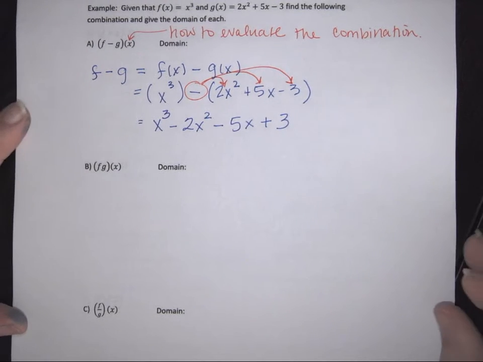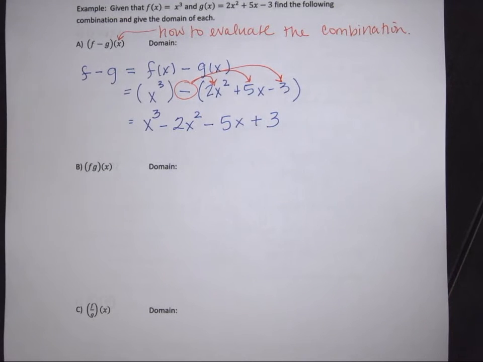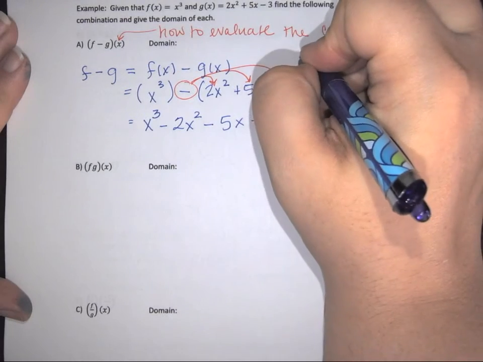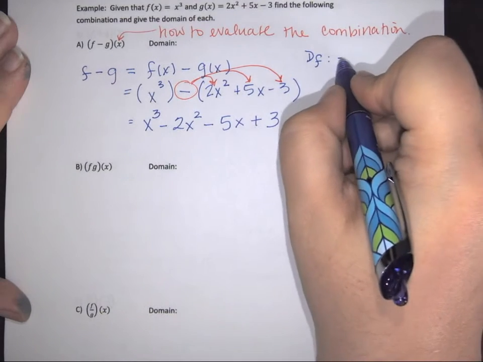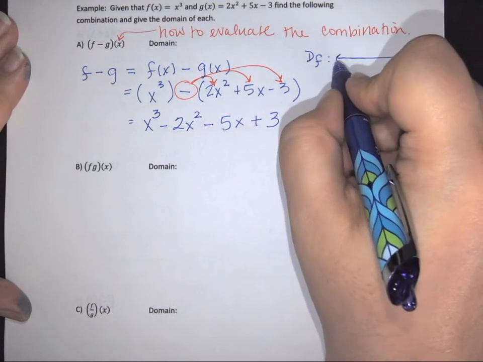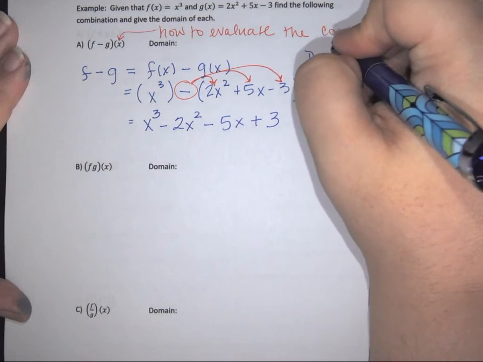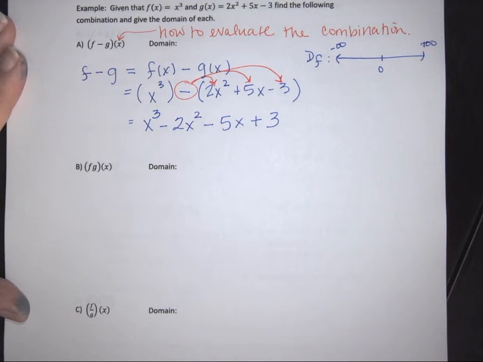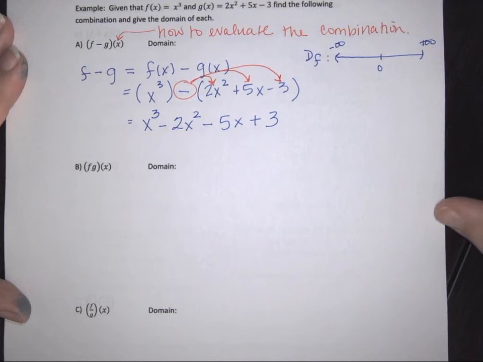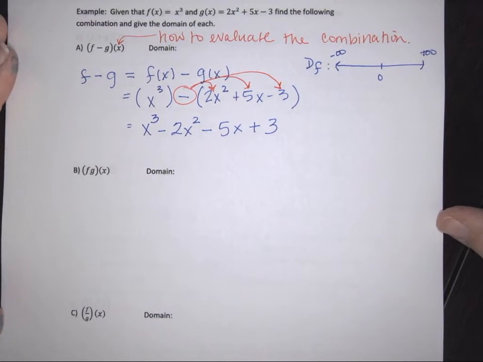So remember, the domain is going to be the overlap of f and g. If I look at my domain for f, well, I can look at its number line. So again, I've got negative infinity and positive infinity, and 0 here in the middle. I'm looking specifically at x cubed. Now, what do we know about x cubed?